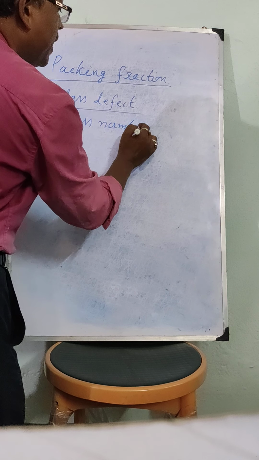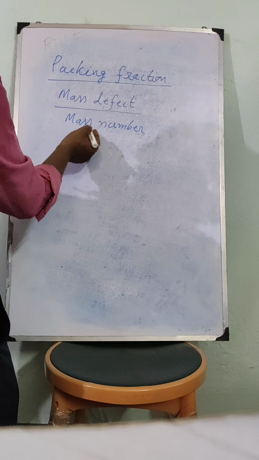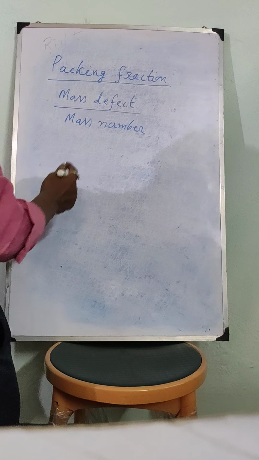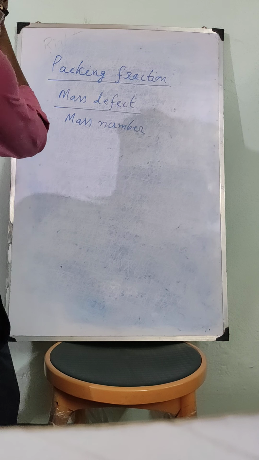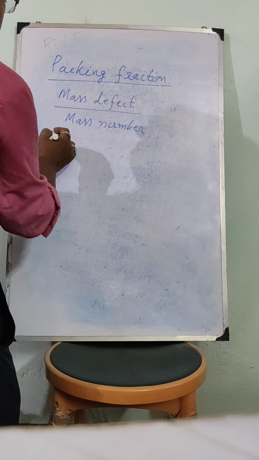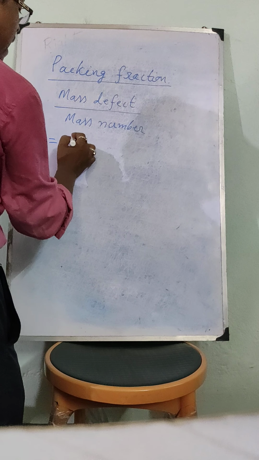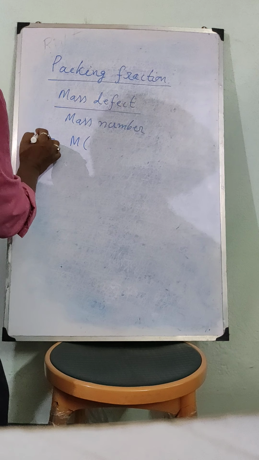That is the mass defect per nucleon. Mass number means the total number of nucleons, that is the total number of protons and neutrons inside the nucleus. This packing fraction we denote by small f.